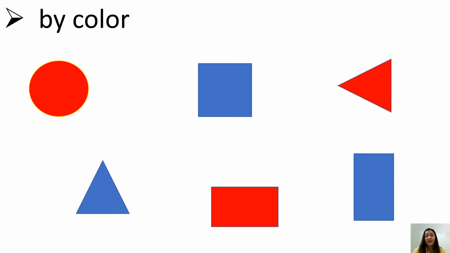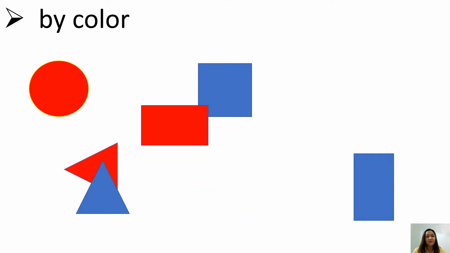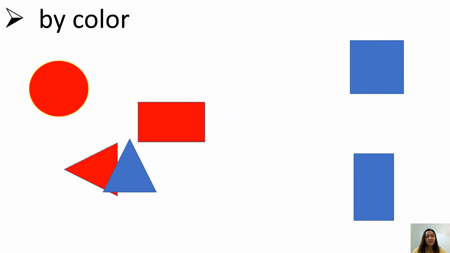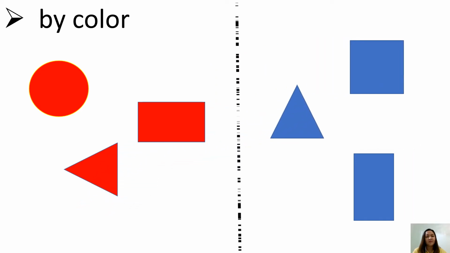Blue and red. Now let's group the shapes by color. So the shapes are grouped by color.